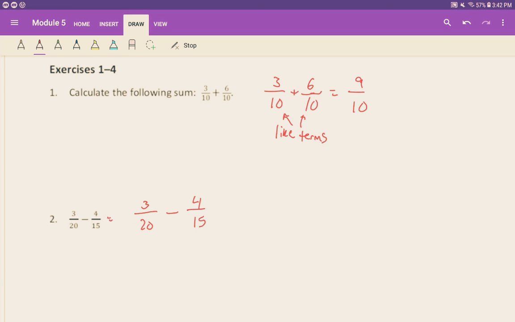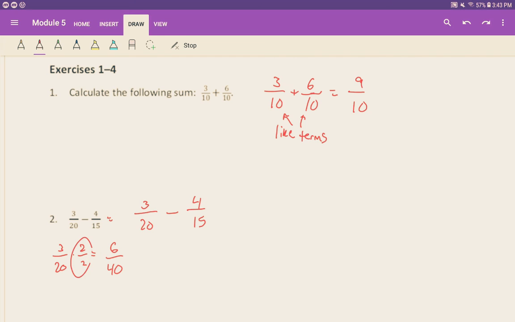What we do is we rewrite these fractions as equivalent fractions that have the same denominator. So what do I mean by an equivalent fraction? Well, for example here, 3/20, if I multiply the top and the bottom by 2, it's equal to 6 over 40. 6/40 is the same as 3/20. How do we know they're the same thing?